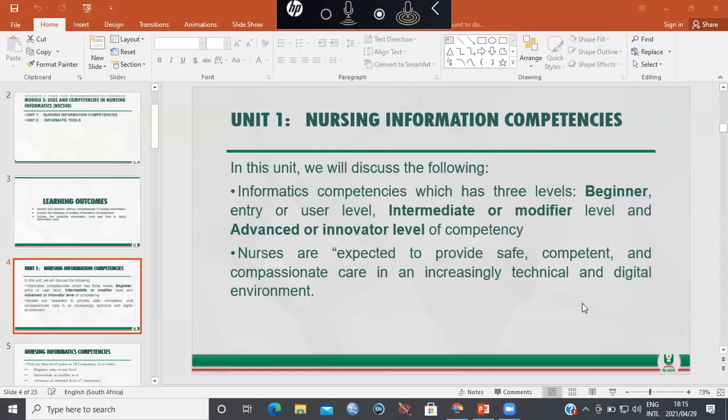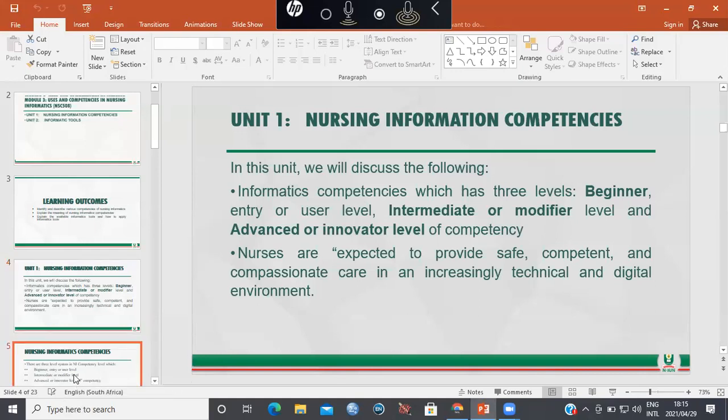What does it mean? I'm going to share my slide on that quickly, and it says that nurses are expected to provide safe, competent, and compassionate care in an increasingly technical and digital world.